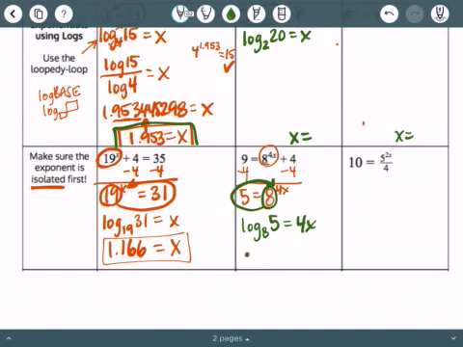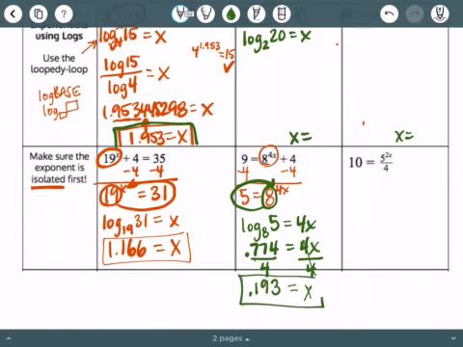I get 0.774 equals 4x. I'm going to divide by 4 on both sides. That means that I'm going to get x equals 0.193. That's what I have in my calculator there.